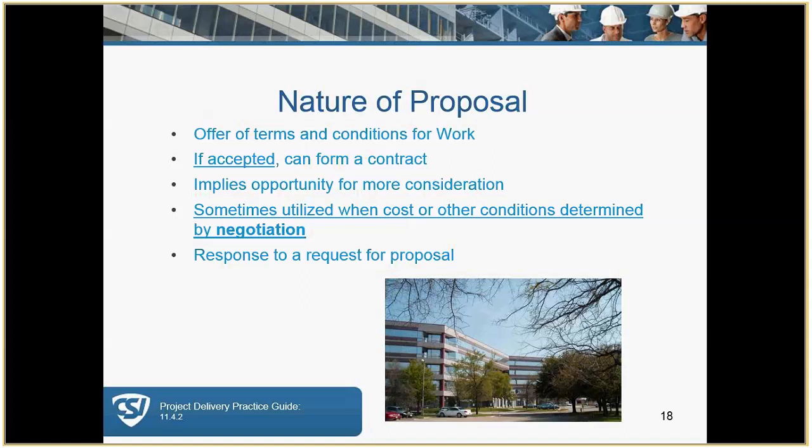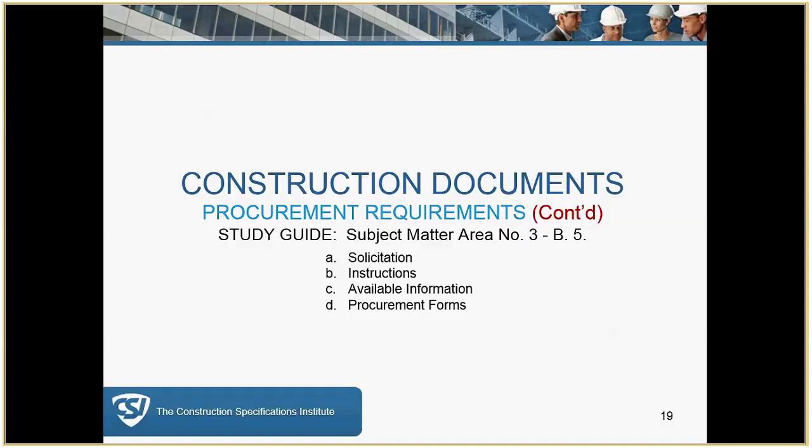Again, clarification of terms used by CSI, AIA, and the EJCDC about bid versus proposals. You'll hear those terms intermixed, and again, if you're not working with specifically AIA or EJCDC, different contracts may use different terminologies for that.